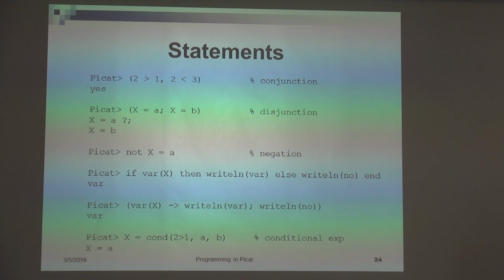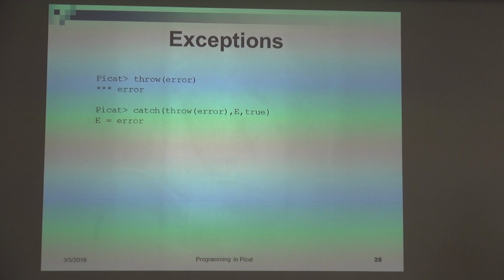And you can use conditional expressions: if a condition is true, then return one value, otherwise return another value. Exceptions: you can throw an exception during execution of a program. If the exception is captured by a catch call, then it will be handled. Otherwise, the system will handle it.